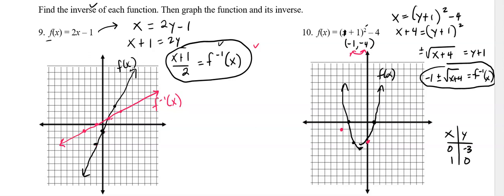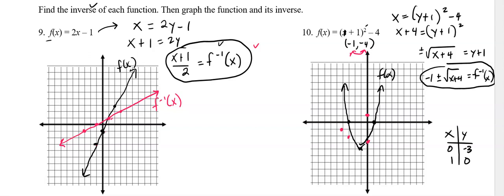This is 1, 0, so I'll plot 0, 1. Let's see, this point is -2, -3. So I'm going to do -3, -2.